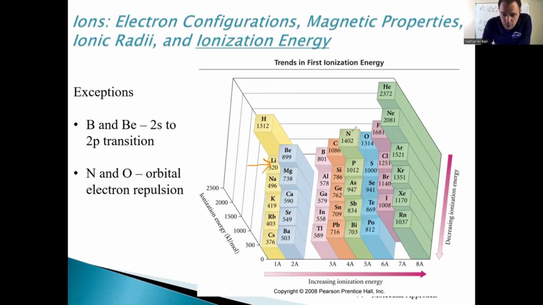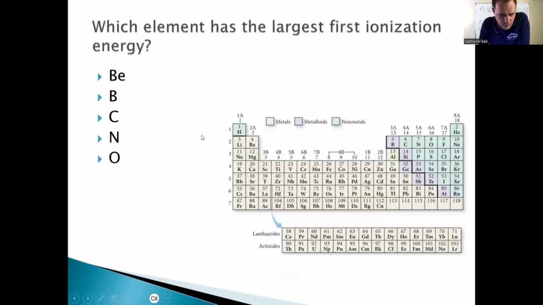When we go from nitrogen to oxygen, it actually drops. Nitrogen is the highest out of those 5 elements that were listed because oxygen is a little lower than nitrogen because it eliminates electron-electron pair repulsion. All right, that's good stuff.